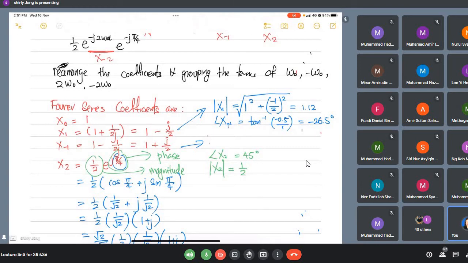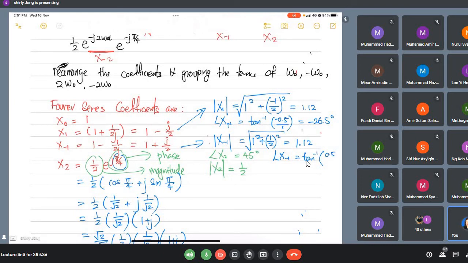Then for the x minus 1, you have 1 plus j/2, so it's the square root of 1 plus 1/2 squared. So this is equivalent to also 1.12. And then for the phase of x minus 1, you obtain inverse tangent of 0.5.